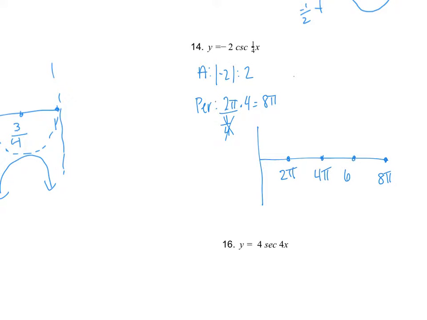This is 2. This is -2. So we're going to start down here, so my first hump is going to be down. Asymptotes go in. And the actual cosecant graphs are on top and bottom of the humps.